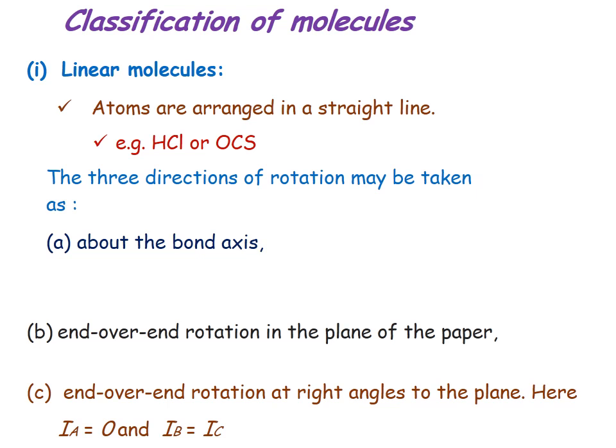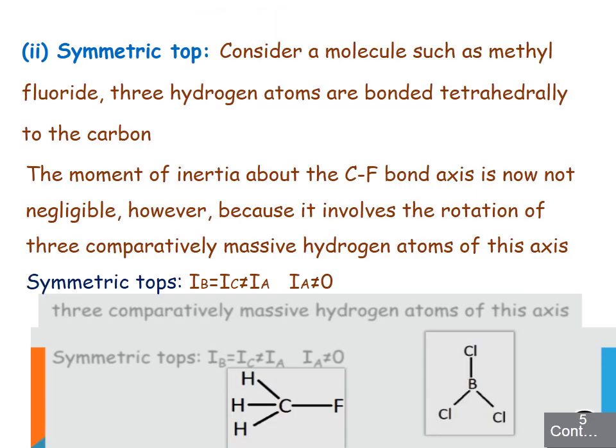Here in a linear molecule, it is self-evident that B and C are the same, and A, the rotation along the bond axis, is very, very small. So as an approximation, we can say IA equals 0 and IB equals IC.